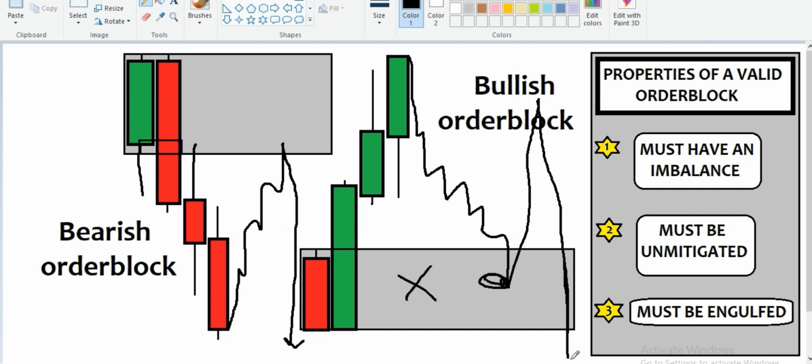All right, I'll go to my chart now. The third one I'm going to give you guys for now is that it must be engulfed. What do I mean by it must be engulfed?